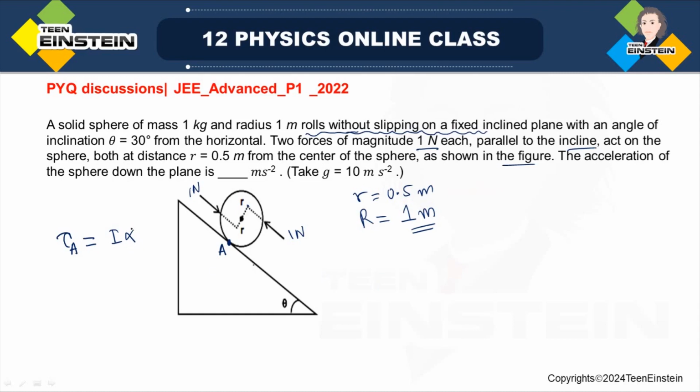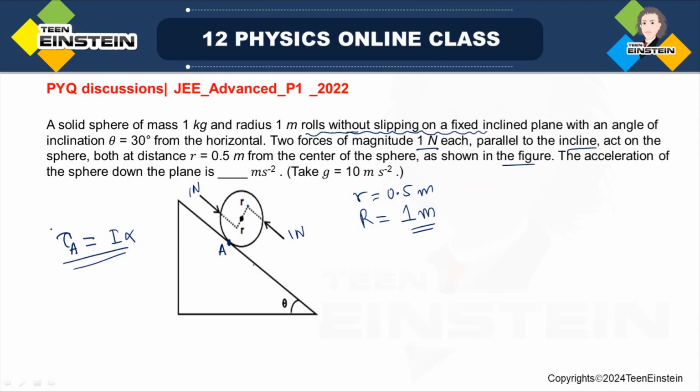Alpha is angular acceleration, and what is I? I is the moment of inertia of the sphere about an axis which is tangential to the sphere and parallel to the diameter of the sphere. So this condition we can easily write.